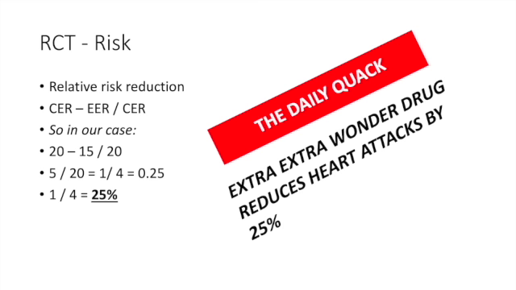So just be very, very careful with this one, because the relative risk reduction is your CER minus your EER divided by CER. So in our case, it's 20 minus 15 divided by 20, which is 5 over 20, which is a quarter, which works out at 25%.